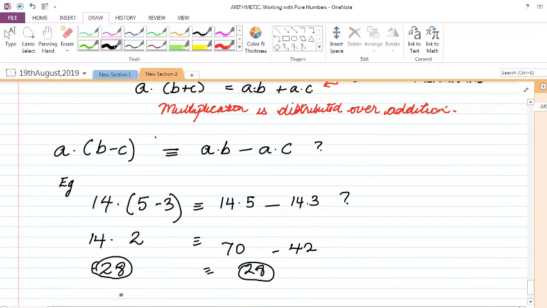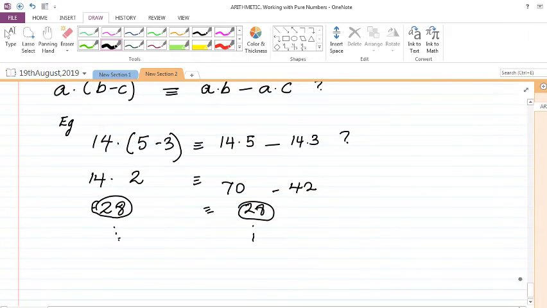Well, you could try as many numbers as you like, you'll find it's true. And we say that A into B minus C is equal to A into B minus A into C. Again, the basis of factorization, going from this form, we're taking out A as a factor. Okay?